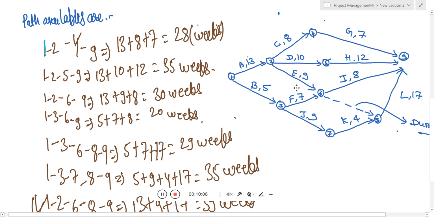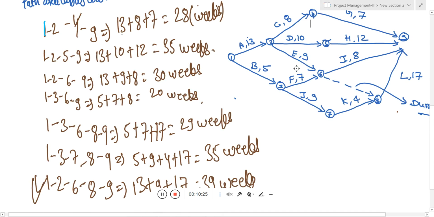There is also 1, 2, 6, 9, 1, 3, 6, 9, 1, 3, 7, 8, 9, and 1, 3, 6, 8, 9. Many paths are available, and with respect to that you can calculate the length of each path.